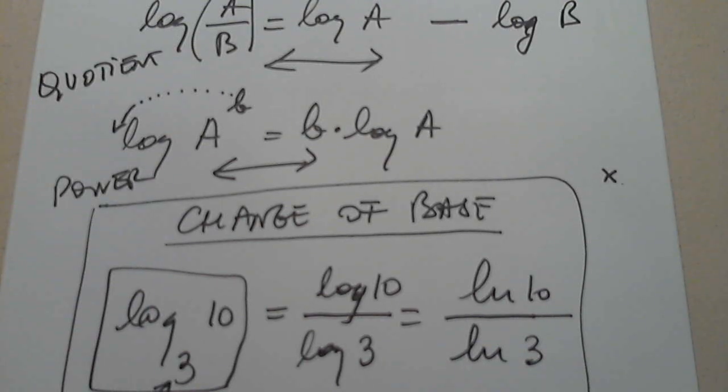They have to be the same. And the same thing with natural log of 10 divided by natural log of 3. So you have either the option of log over log, common log, or the option of natural log over natural log, or you have the shortcut in math to determine any log you want in any base you want.